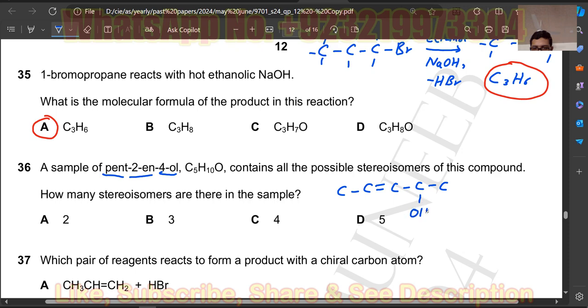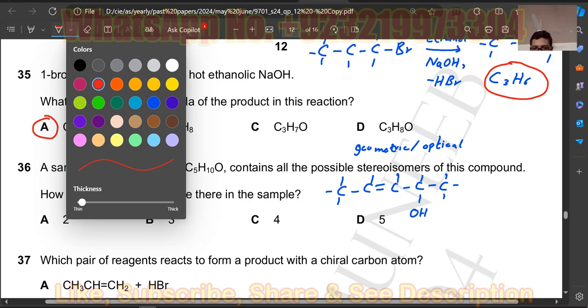It is over here. You can complete the hydrogen atoms here. Okay, now all the hydrogen atoms are completed. Now, stereoisomerism means the compound can contain both geometrical or cis-trans isomers as well as optical isomers. So we need to find all the geometric as well as optical isomers.